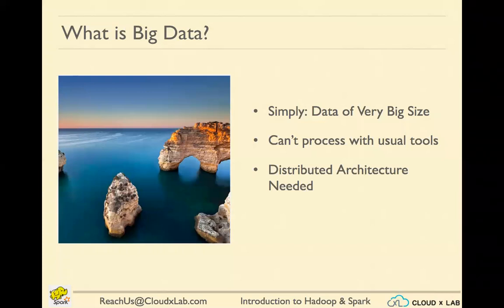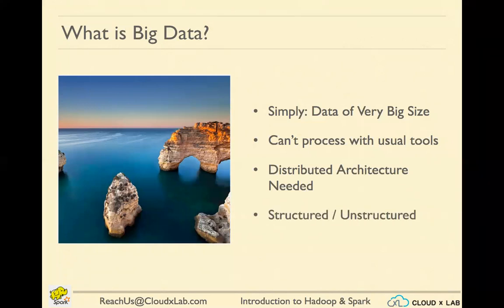Meaning, when you cannot process your data using usual tools on a single computer, the tools that cannot run on multiple computers in parallel, then we call such data big data.